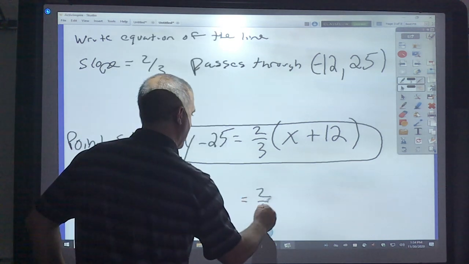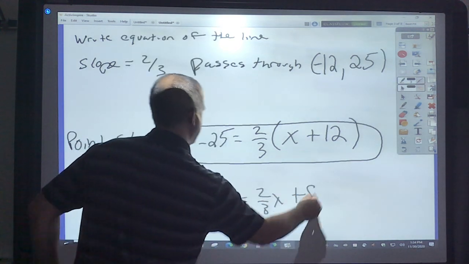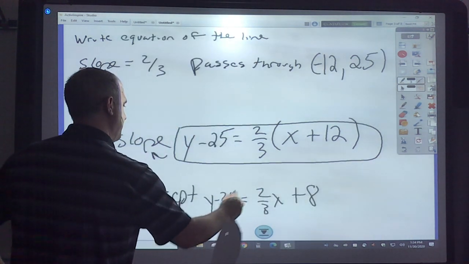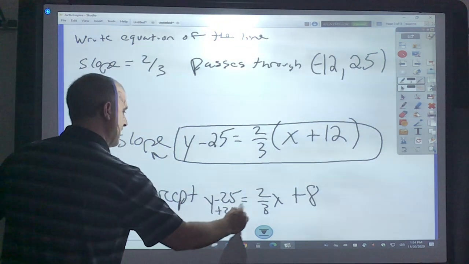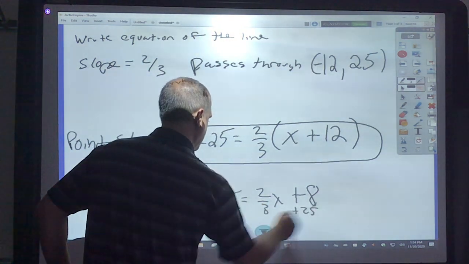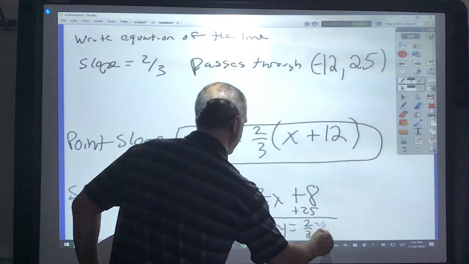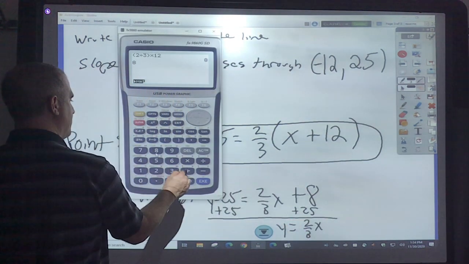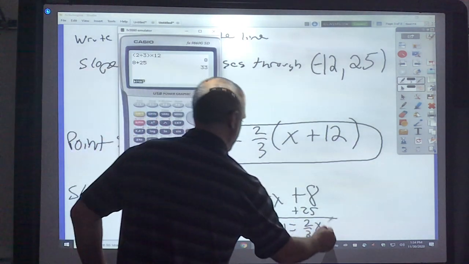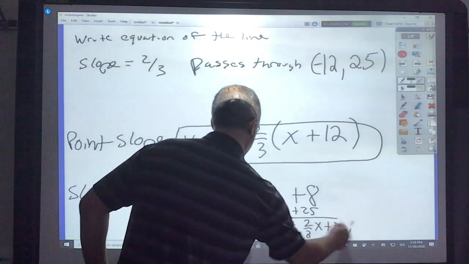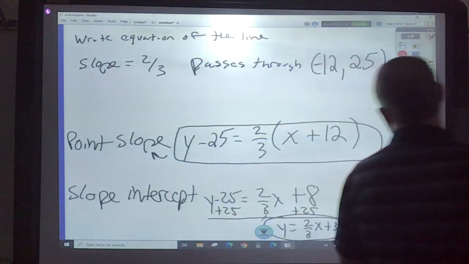So I got 2/3 x plus 8, y minus 25. I would add 25. I got to make sure I only add it to that one. So that'd be y equals 2/3 x. Let's go 8 plus 25, which is 33. And that's how we do those.